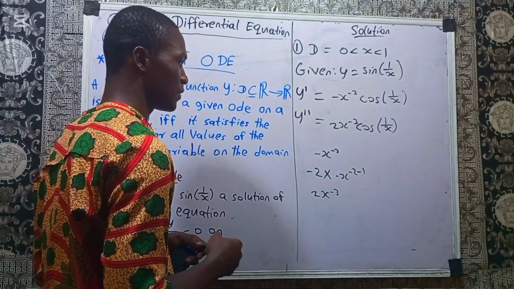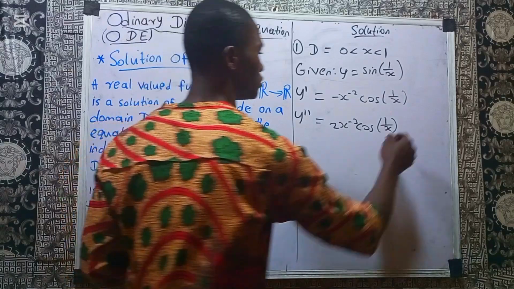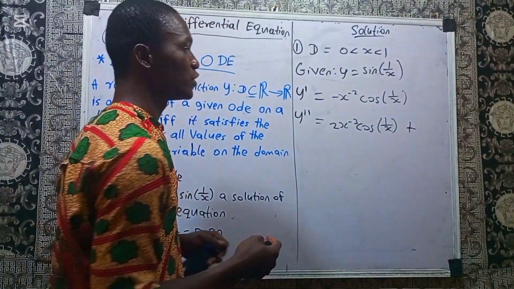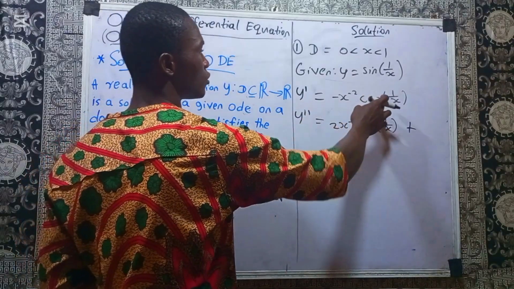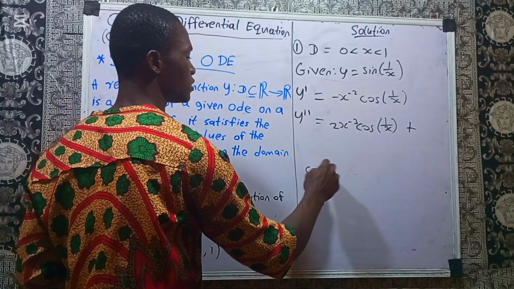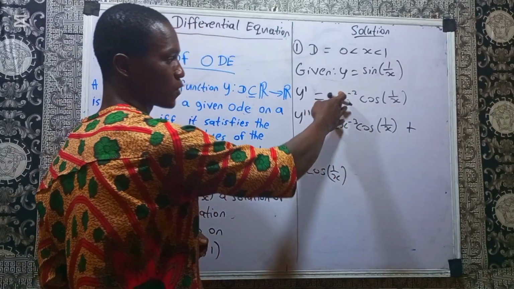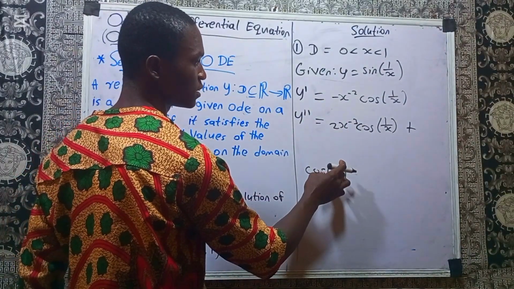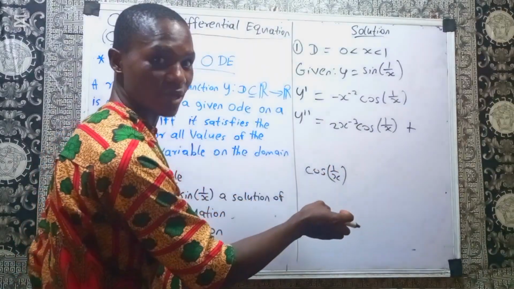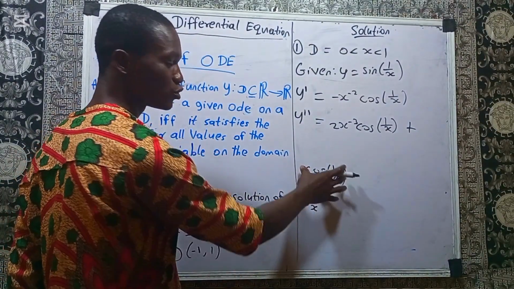The next thing is, this time around you put plus, you differentiate the cosine of 1 over x, then keep this one. If you differentiate this cosine, you differentiate the inside, 1 over x. You are going to use chain rule here.